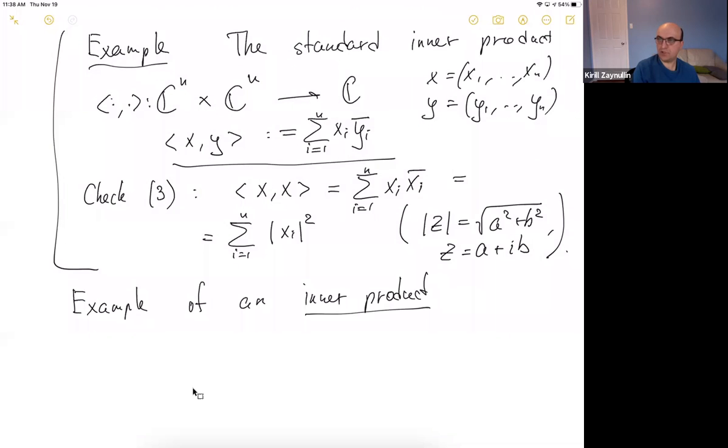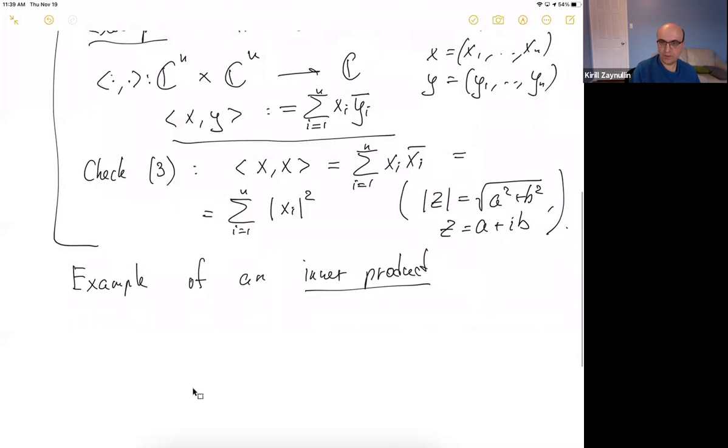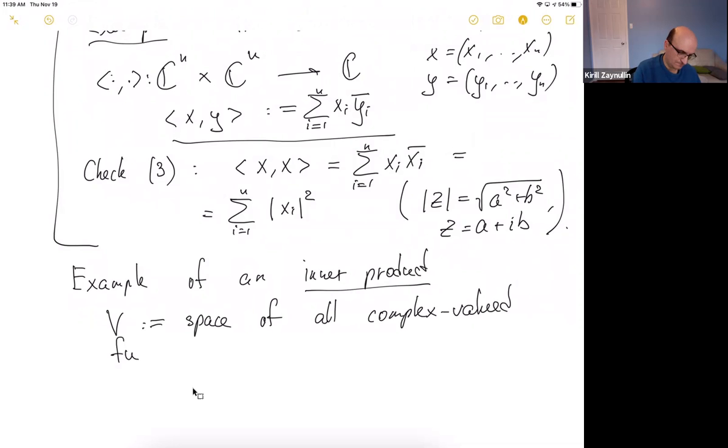On the vector space of functions, you can also introduce the Hermitian form and the inner product. So how do we do this? Let's take V to be the vector space of all complex valued functions.